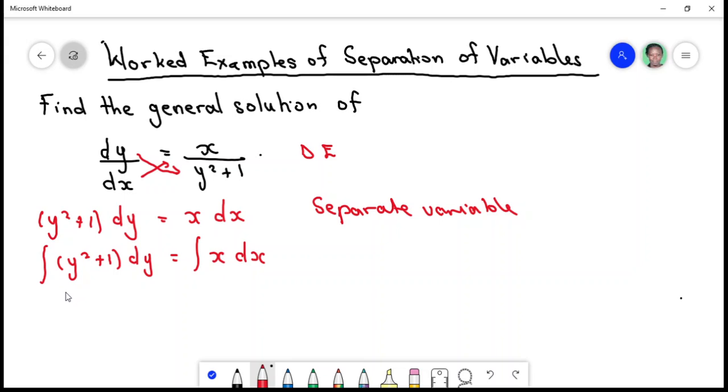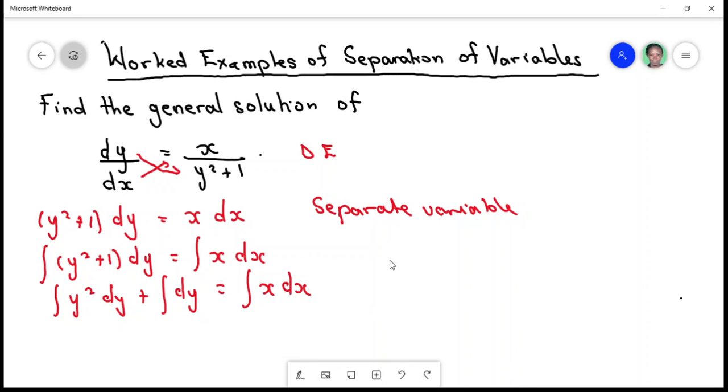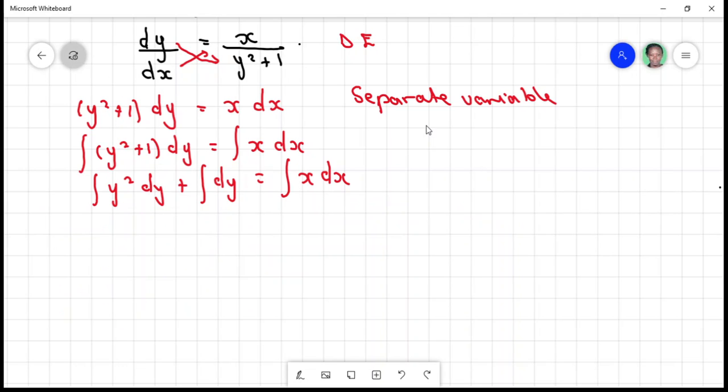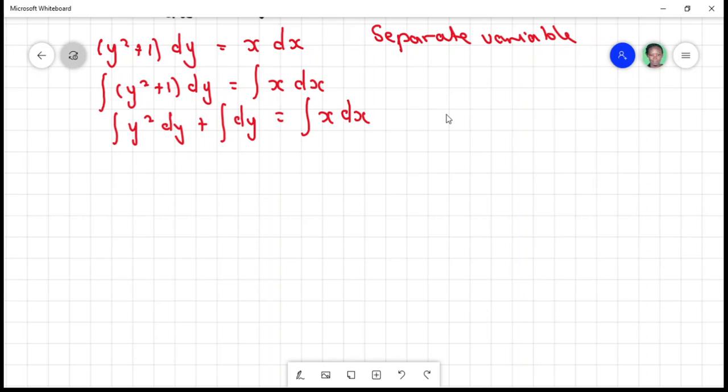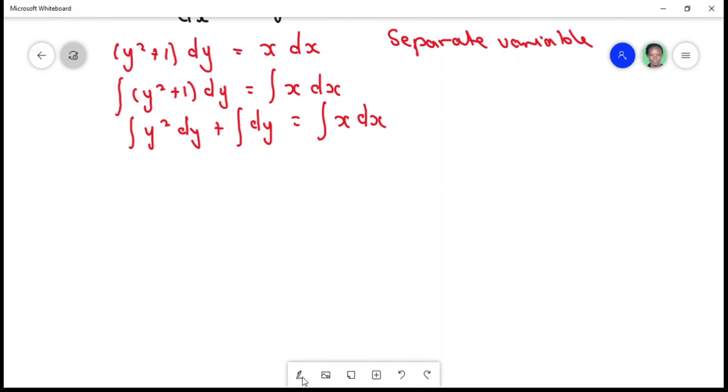Using the sum rule, it is equal to the integral of y squared dy plus the integral of dy, equal to the integral of x dx. This is where our revision of integration is very important.